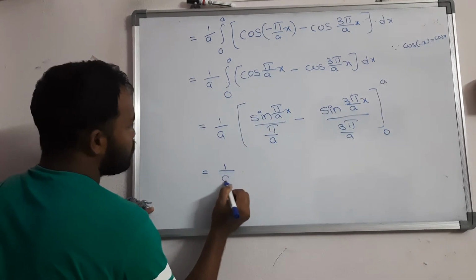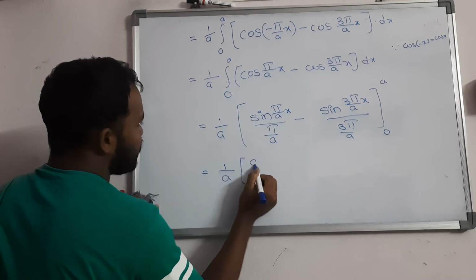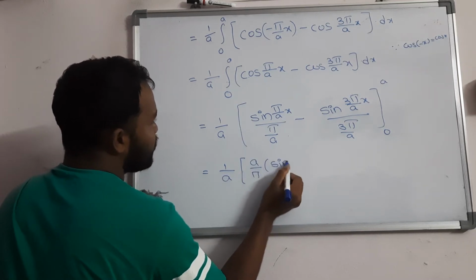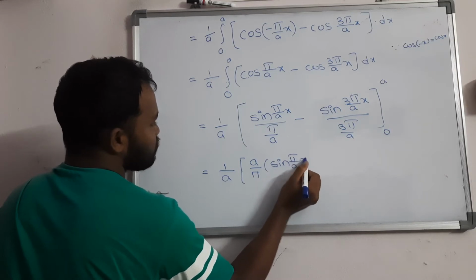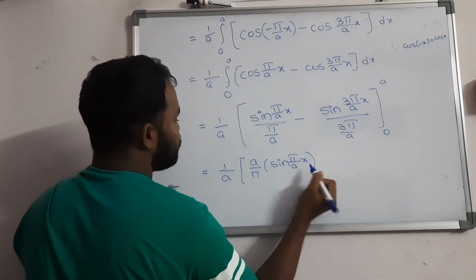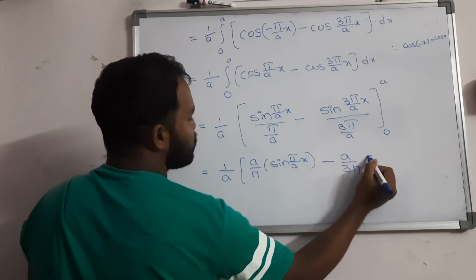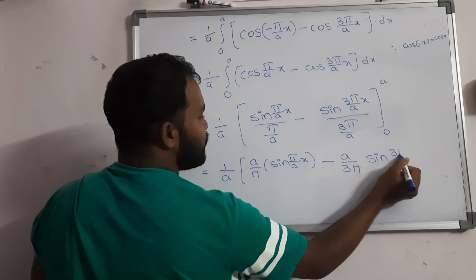1 by a into, if this comes this side, what happens, a by pi into sin pi by a into x, minus a by 3 pi into sin 3 pi by a into x.